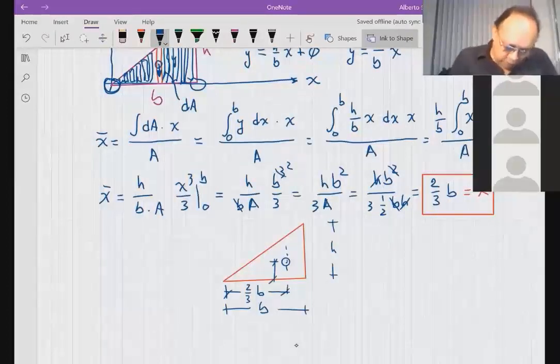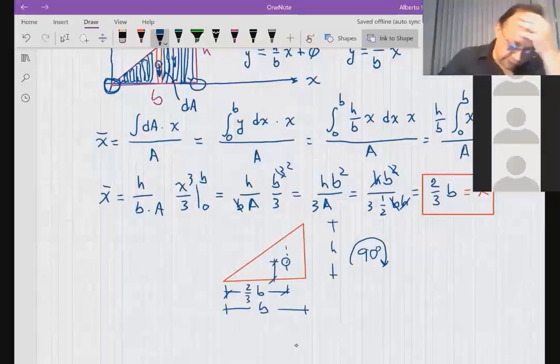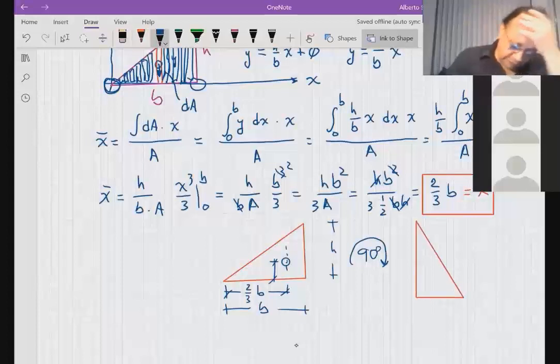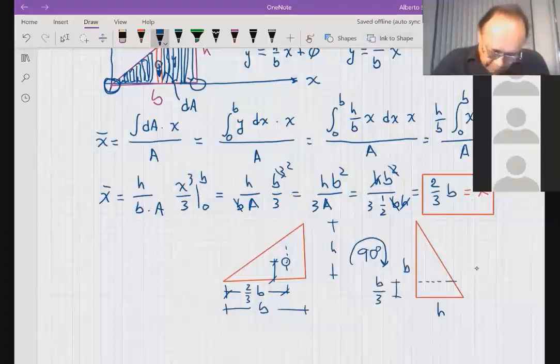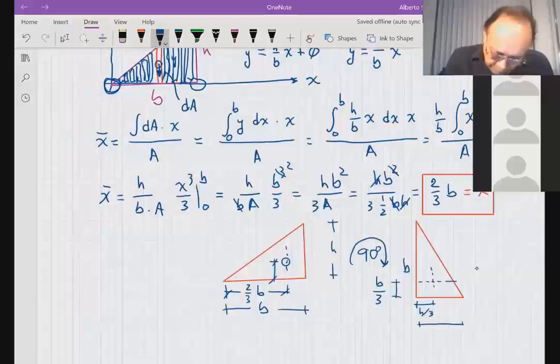Well, we can rotate this triangle 90 degrees and do the same exercise, and then we will have the triangle like this. Now rotated 90 degrees, and here will be h, here will be b, and then we will find that we already have this location here at b over 3, and now we have this h over 3, if this is h.